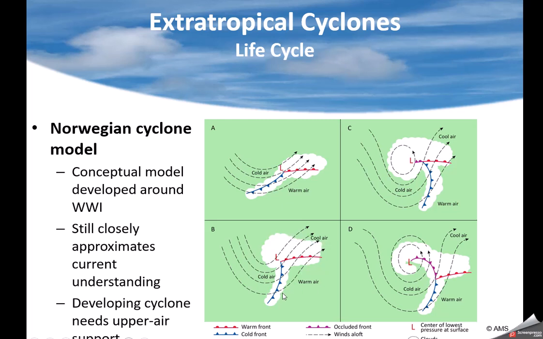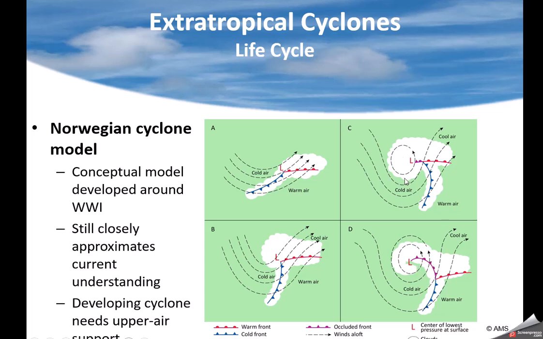We're getting a bigger and bigger cloud band, more precipitation, it continues to intensify, and now we're getting an occluded front. That warm front that was here got overrun by this cold front, and you wind up with an occluded front. The stronger that gets, more occlusion occurs, bigger area.